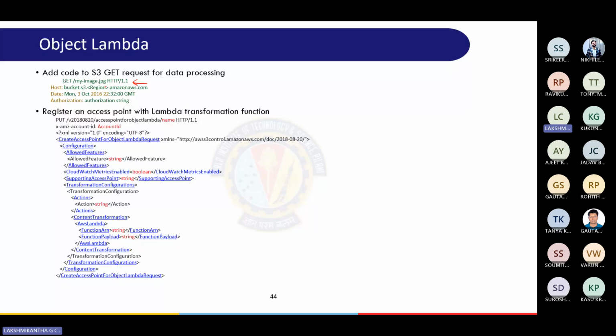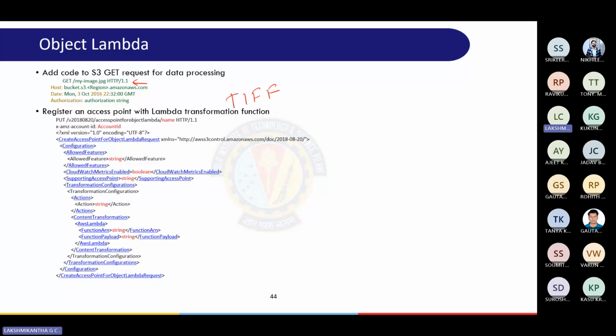Before the file is returned, a Lambda function is triggered. The Lambda function can transform the object. For example, it could redact all the personal identification information from a log file, convert a TIFF image to a JPEG image, and dynamically resize an image based on the requesting device.